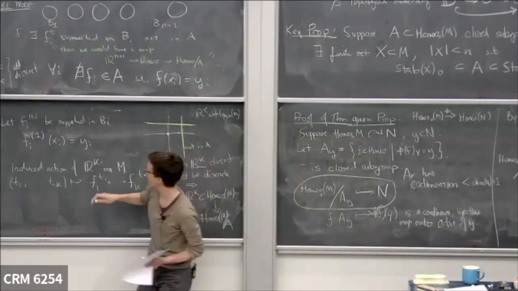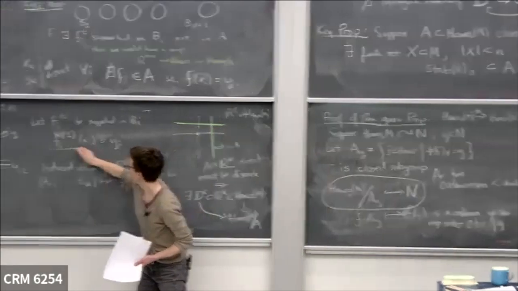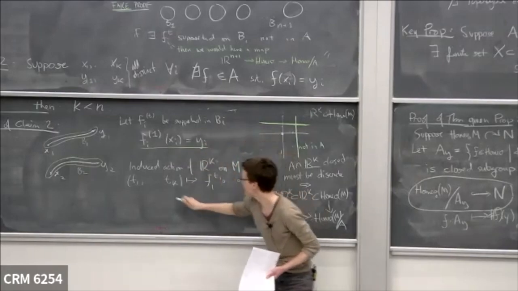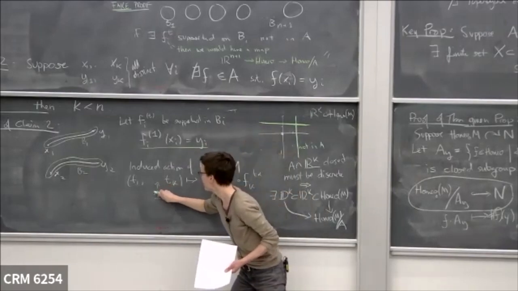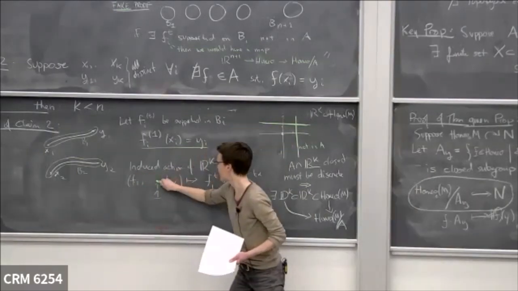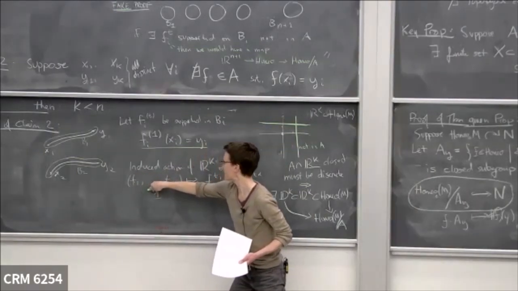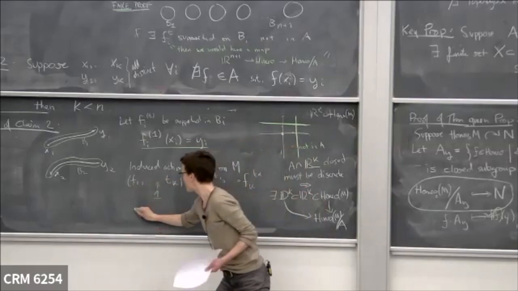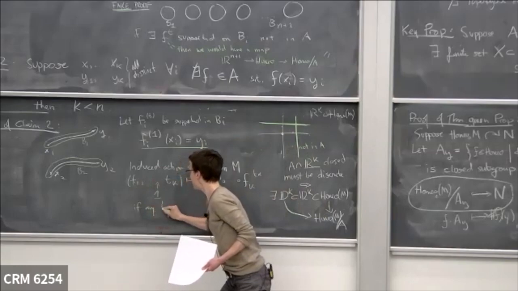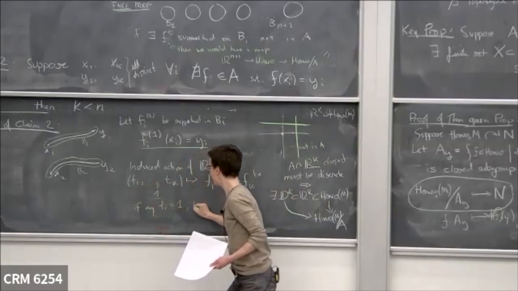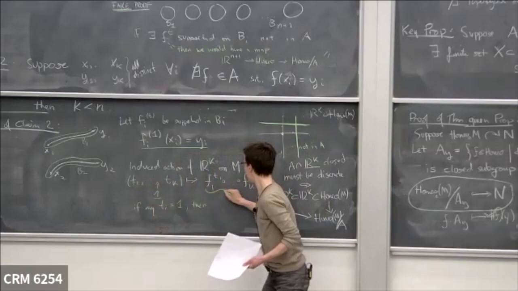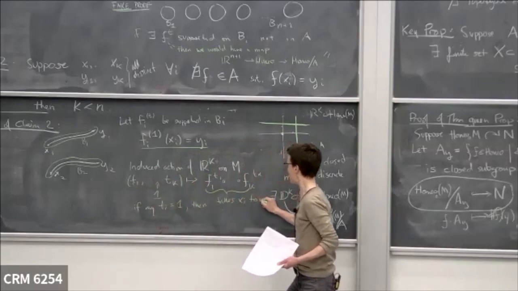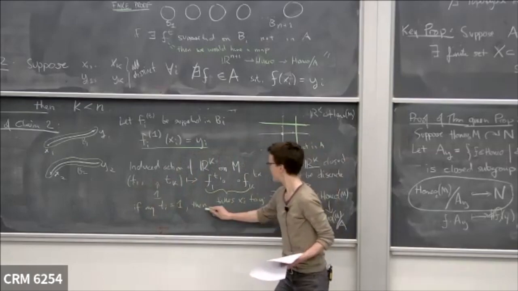It was the argument that if I take x_i to y_i, I'm not in A. And if any one of these coordinates happens to be a 1, it doesn't matter what the other ones are, then I take the i coordinate, I take x_i to y_i. So if any t_i is equal to 1, then this takes x_i to y_i by construction.